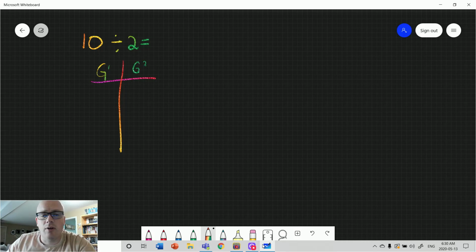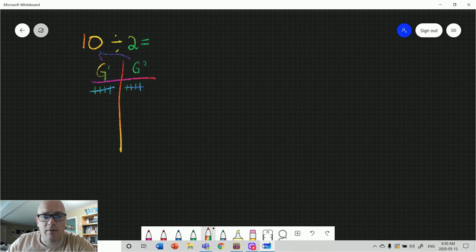To do this, I'm going to use a tick chart. 1, 2, 3, 4, 5, 6, 7, 8, 9, 10. I've evenly distributed 10 into the chart of grandma 1 and grandma 2.